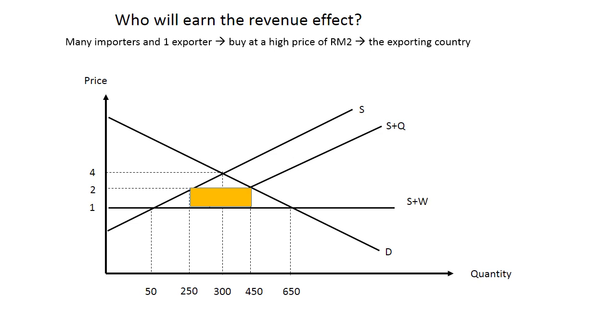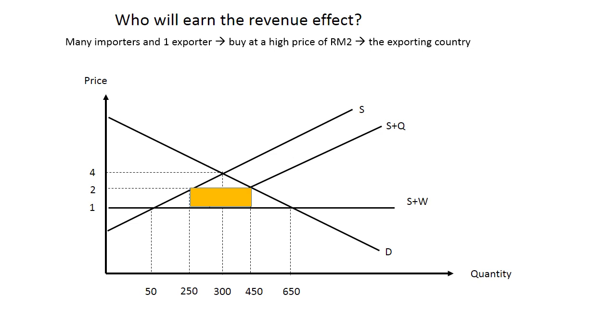The importers will buy at a high price of 2 ringgit. The world price is 1 ringgit, but the importers will buy at 2 ringgit. So the revenue effect will go to the exporting country.